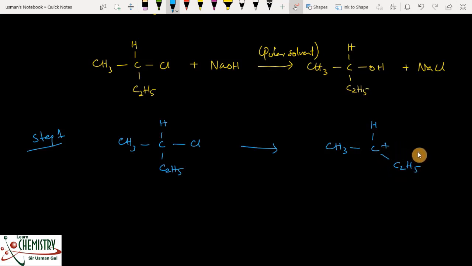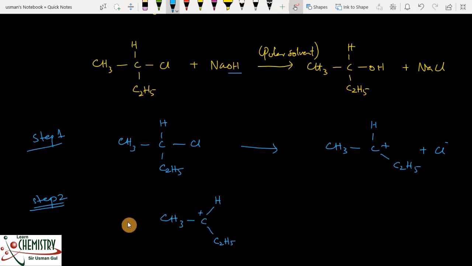Now you can see this is the carbocation along with the chloride ion. In step number 2, this carbocation will be attacked by the nucleophile, which is OH. First let me draw the carbocation. Yes, this one is CH3 CH C2H5, and here it has a positive charge.